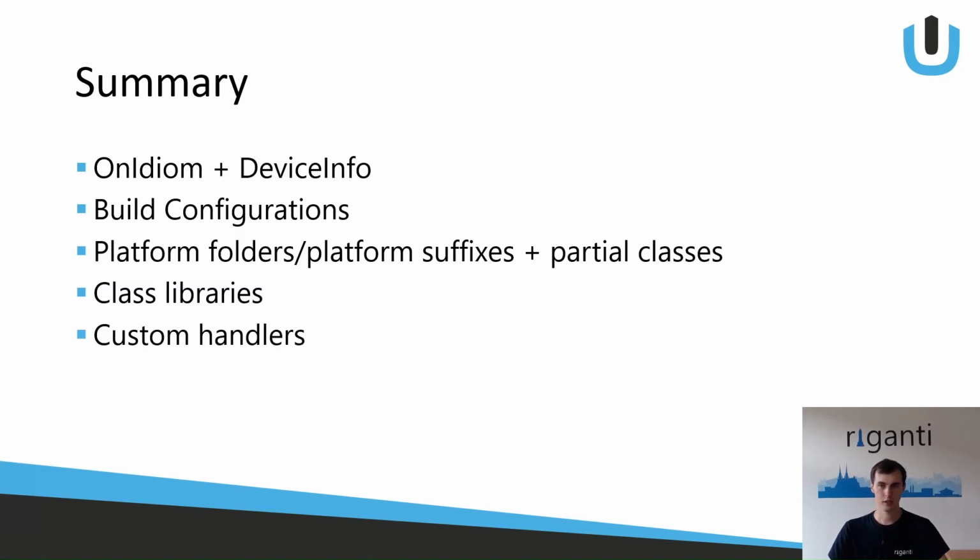And of course, you can create the custom handlers or custom controls if you don't find these other tips as enough. Then you can create your own controls and do whatever you want for those specific platforms.